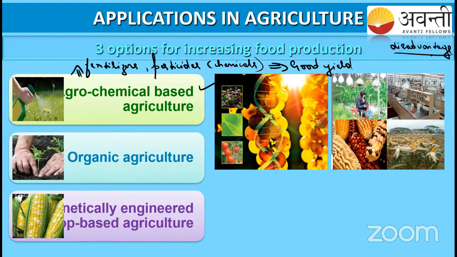So what are the disadvantages? First, these chemicals are costly, so it is very difficult for farmers to buy them. Second, obviously, chemicals cause environmental hazards.